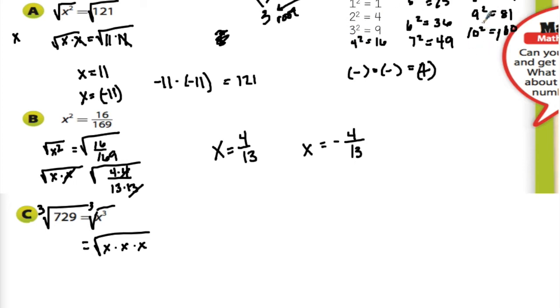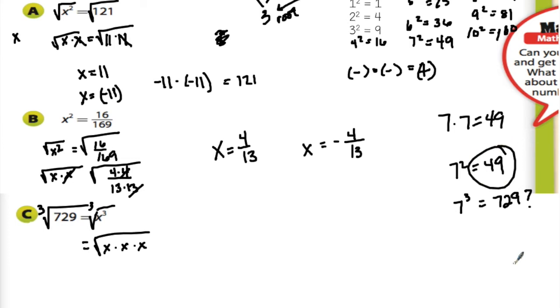So I have to think of what's going to be a large enough number that when I multiply it again, so remember, 7 times 7 equals 49. So 7 squared equals 49. I want to know if 7 cubed gives me 729. So I need to know if I take 49 times 7, could it give me 729?